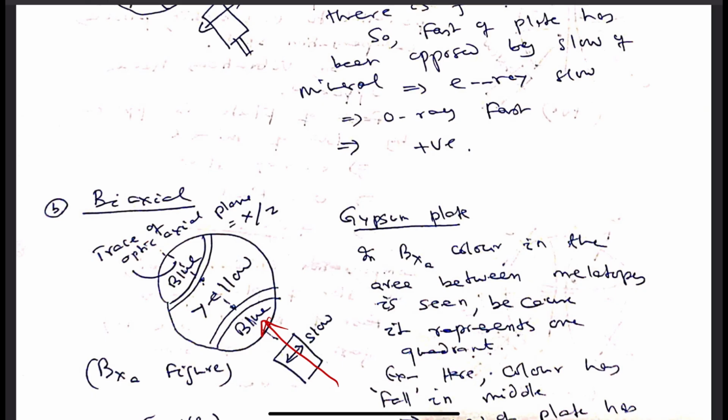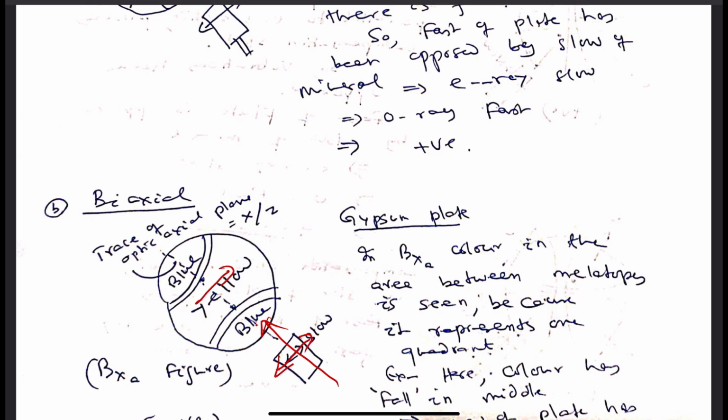In order to utilize the accessory plate to find out whether the figure is positive or negative, the color in the middle between the melatopes is the area to be studied. Here it is yellow, here it is blue. Blue is a case of rise, yellow is a case of fall. In the middle between the melatopes there is a fall, and here the slow is like this.